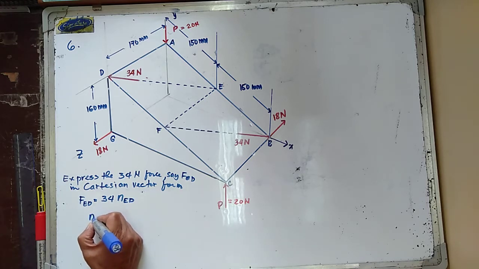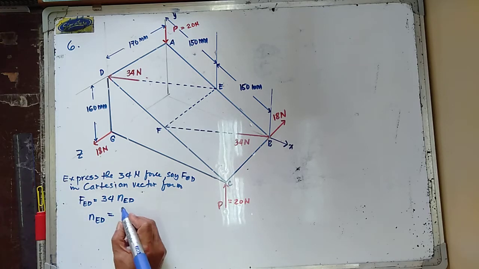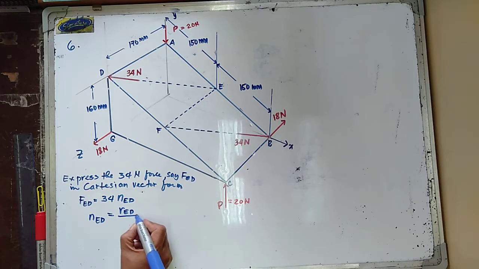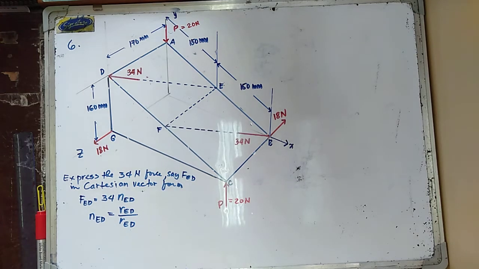Again, your unit vector ED is equal to a vector distance ED all over the magnitude of this vector distance. So first, let us determine the coordinates of points D and E.